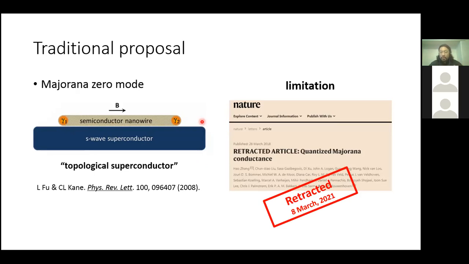For example, this year Nature just retracted a paper from a Microsoft lab team saying they realized the quantized Majorana zero mode. So can we go beyond this traditional proposal and propose something new to realize this non-abelian braiding of quasi-particles?